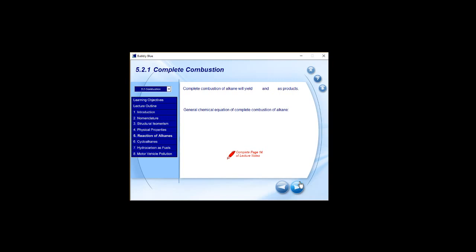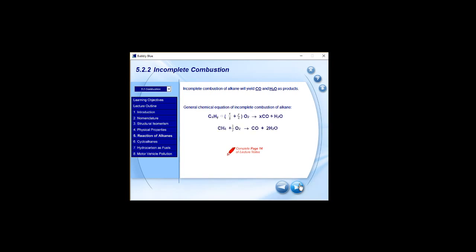In the complete combustion of alkane, we will get water and carbon dioxide as products. In the incomplete combustion of alkane, we will get water and carbon monoxide as the product.